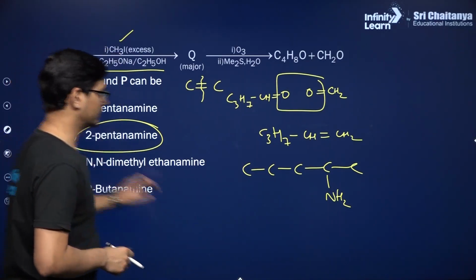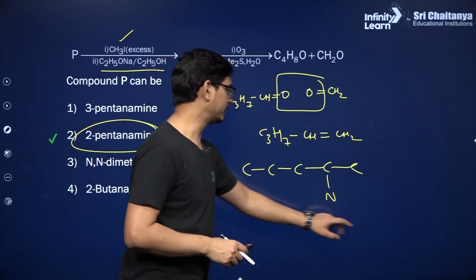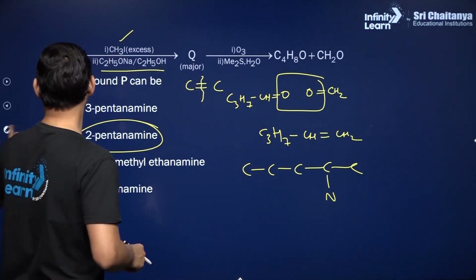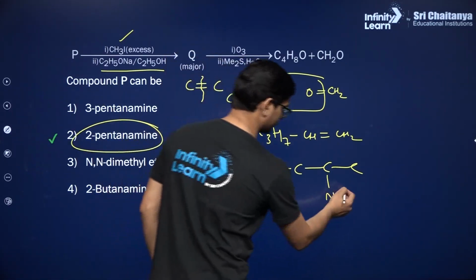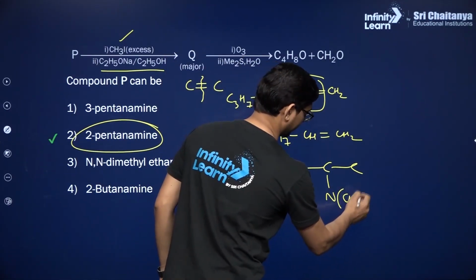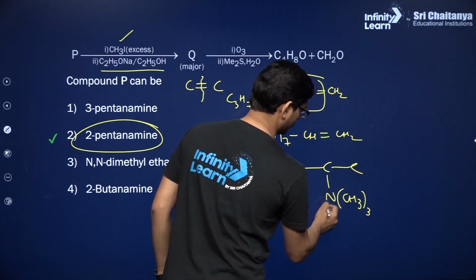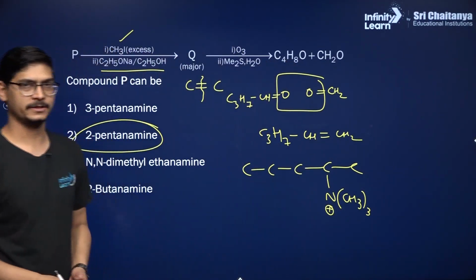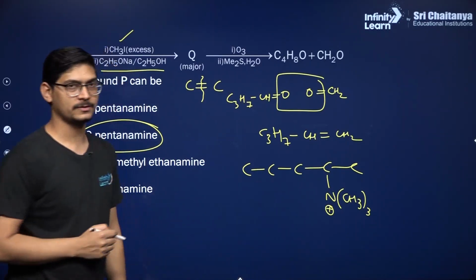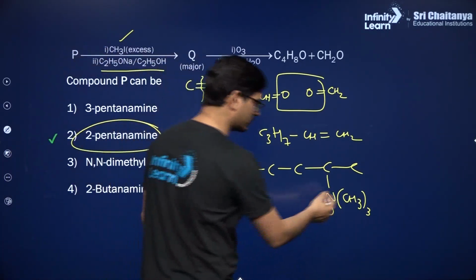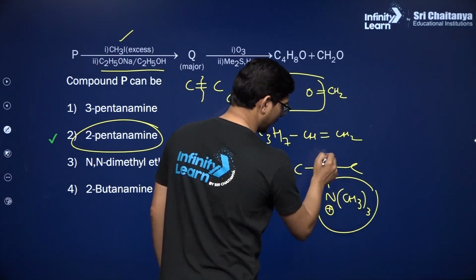So what happens if you react it with excess of CH3I? You get here N(CH3)3 thrice. Now when you react it with sodium ethoxide, it is Hofmann elimination. So this is our tertiary amine, alpha position.